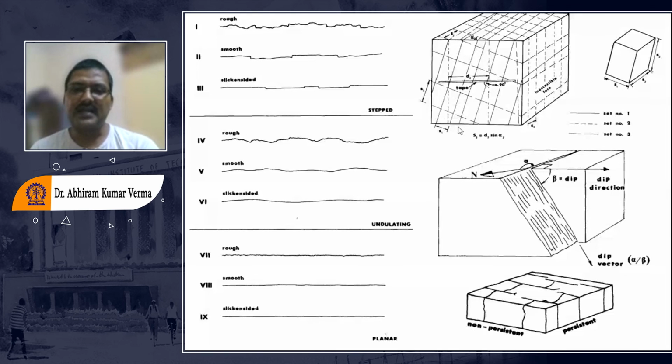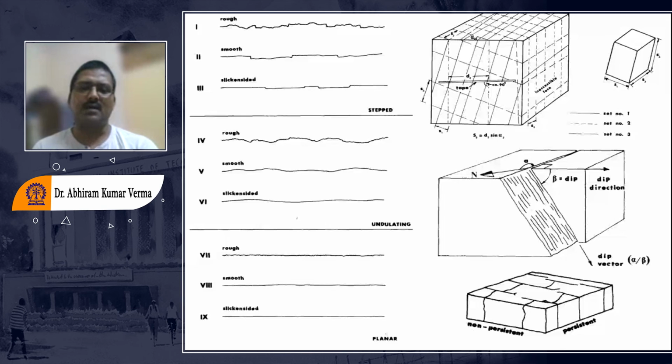What is happening here is that I am trying to measure this joint in a horizontal direction, and I am establishing a relationship between the different spacings of the joints with some trigonometrical relationships, and we can find it out, right? In some cases we are lucky that all the joint sets are very parallel to each other.